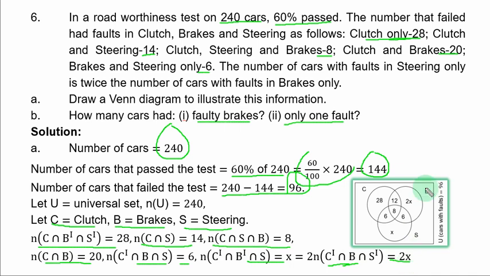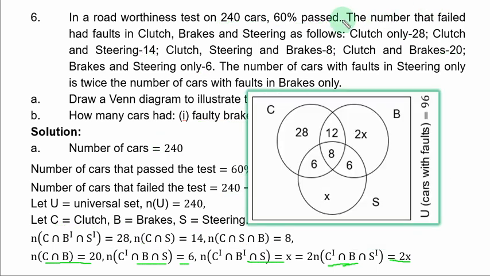So I'm going to enlarge it so that you can see it very well. In Venn diagram notation, rectangle denotes universal set and circle for the subset. Now the universal set, all the cars is 240, but the question centers round cars with fault, so we are taking 96.